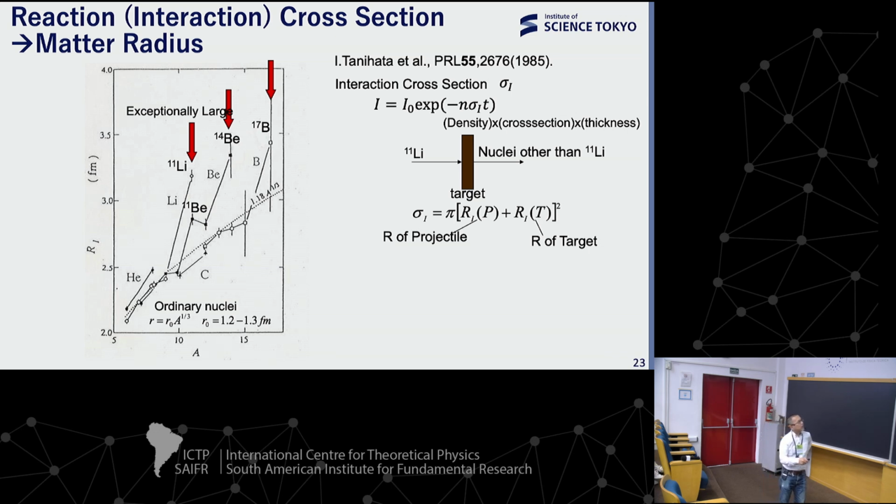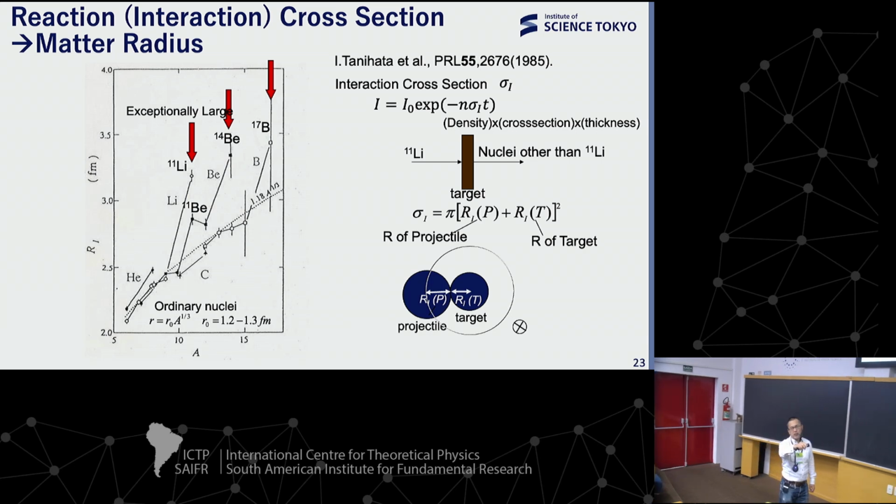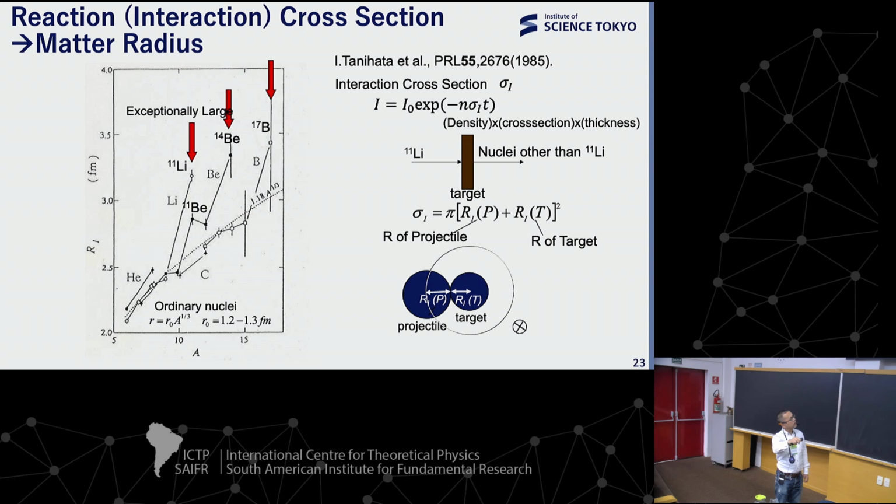And this sigma I, in the very simplest model, like the black disk model, like this one, okay? So you have a projectile, like lithium-11, the target is here, and the beam is coming from your side to this screen. If the impact parameter is less than the sum of these radii, then it reacts, right?